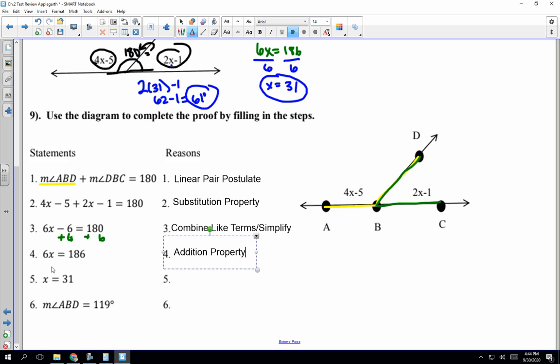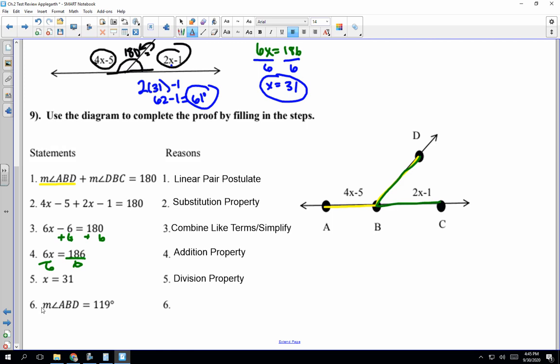And then something happened between here and here. It was 6x equals 186, and now it's x equals 31. So we must have divided by 6. And 186 divided by 6 is 31. What is it called when we divide both sides of an equation? Oh, that's the division property. Not too hard, right?